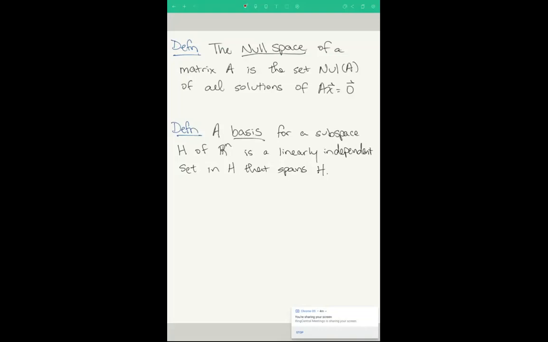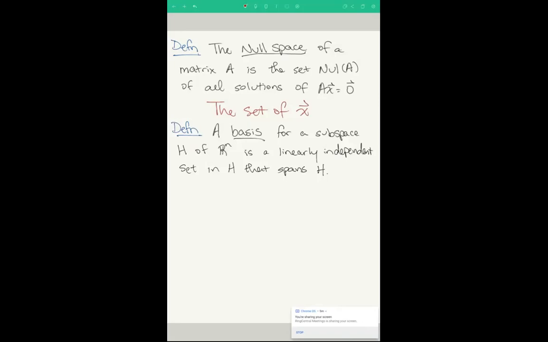So what is the set of x for which this works? We've done a lot of stuff with this before, like parametric vector form. That was looking at our solution sets. That solution set is called the null space. We'll see an example of that in a second.